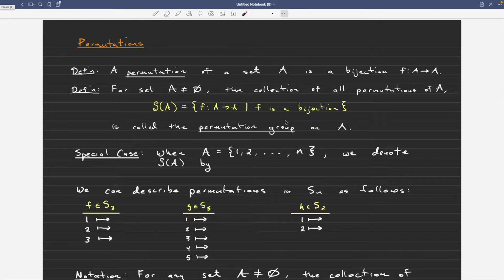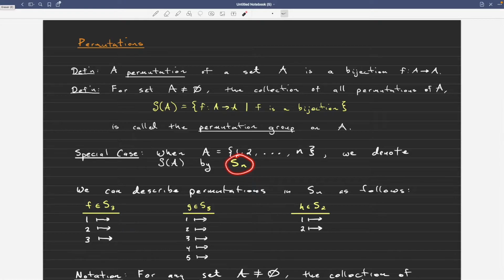And we have one special case that we're going to focus on when we're thinking about permutation groups. Whenever the set A is just this finite set 1, 2, all the way up to n, a finite set of integers starting at 1, we denote that by S sub n.